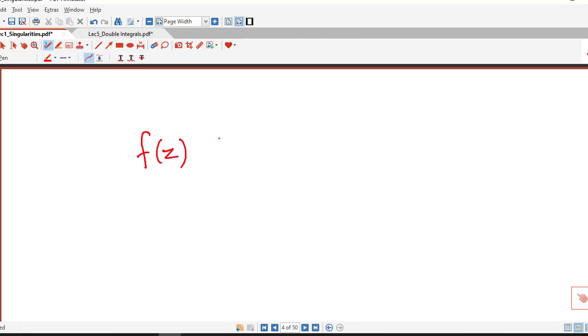Suppose we are given some function f(z) and suppose z0 is a singularity of this function f(z).